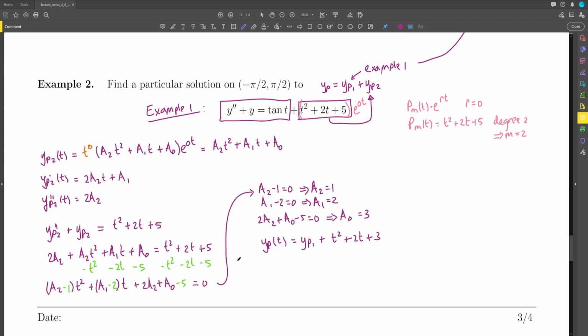And for completeness' sake, let's just write this one out.